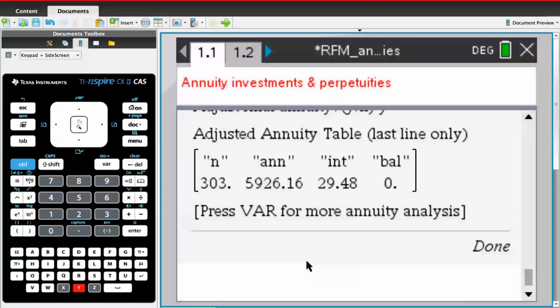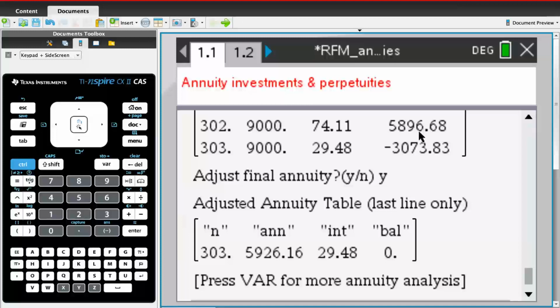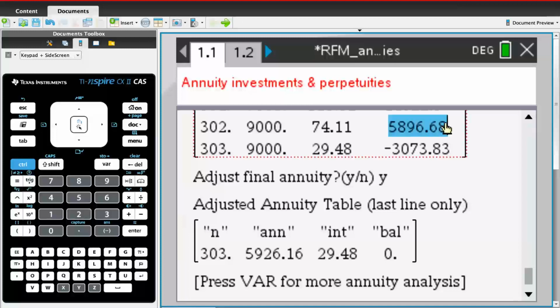And so with a little bit of a scroll up, you can see the last line there. So at 302 payments, that was the balance. And that's what happens if you did a 303rd payment of 9,000, but that wouldn't be zeroed there. In fact, you'd owe them money. So you can adjust it in the last line. So the 303rd payment is not 9,000, but this adjusted value.